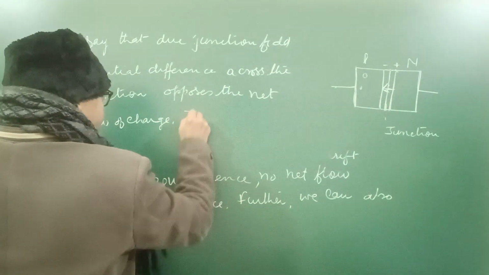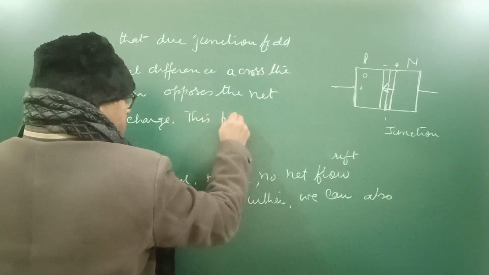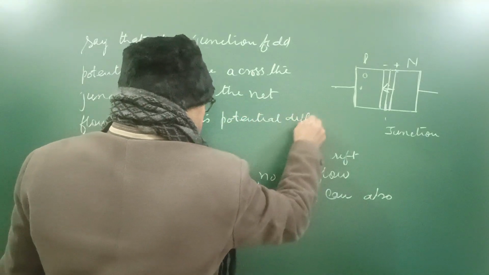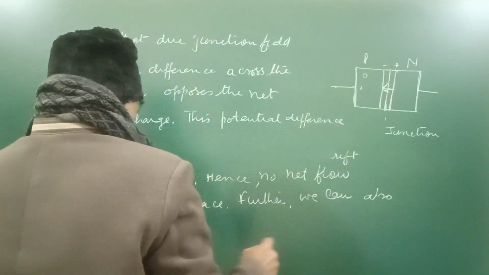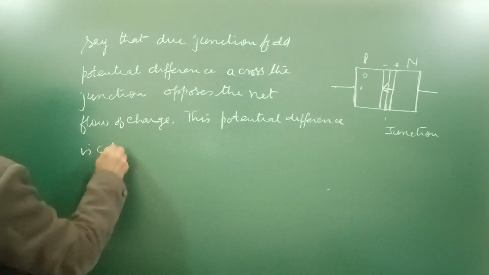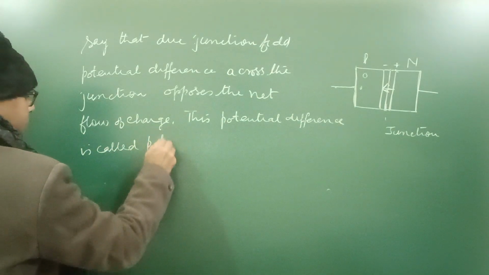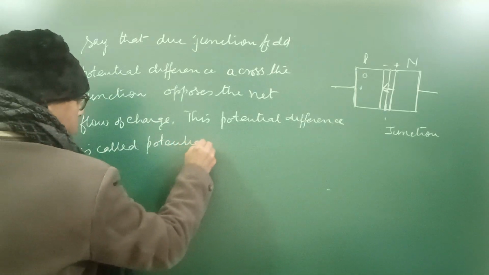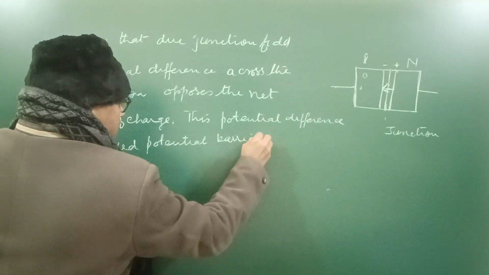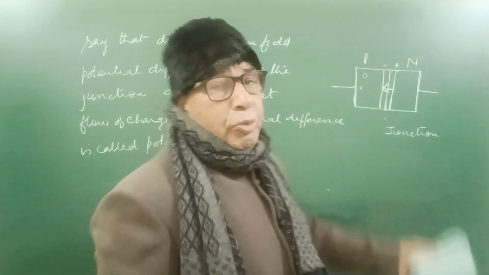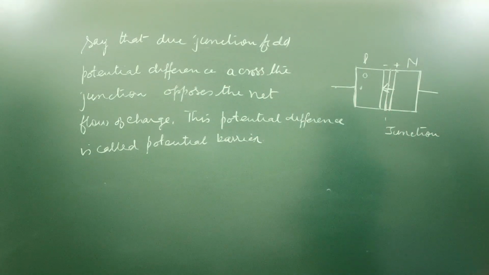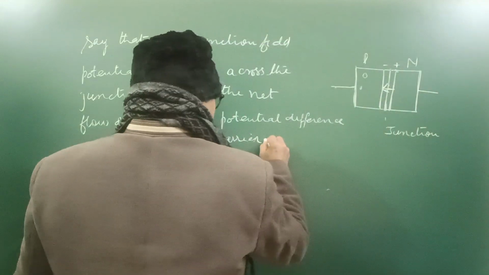And this potential difference is called the potential barrier. In equilibrium, when diffusion current and drift current become equal and opposite, the PN junction is formed.